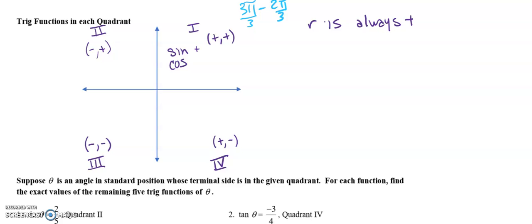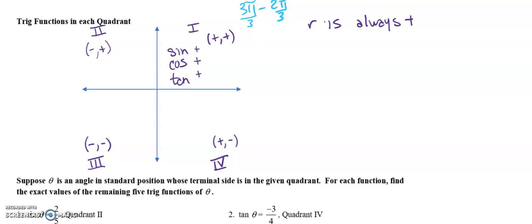R is always positive, so we'll have a positive over a positive, which is positive. And then tangent is y over x, so that is positive over positive for a grand total of positive. The reciprocals of these functions will have the same signs.